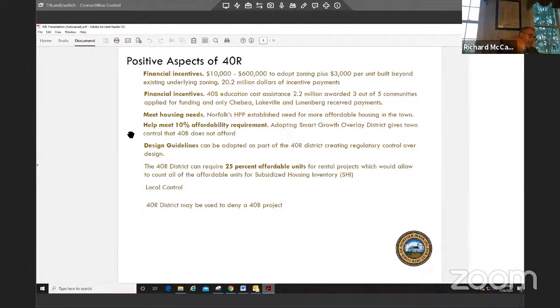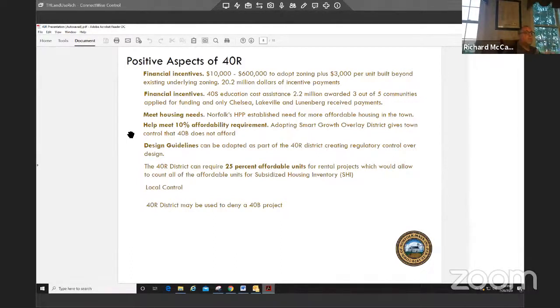The next financial incentive is a supplemental school educational assistance. If you were to create a 40R district and it was built, the town can apply for education assistance, and essentially the town would take the tax revenue generated by the 40R district, the real estate and excise tax revenue collected, and the school aid that you get if there are students within the school system, and then figure out the delta between educational costs and the money in.